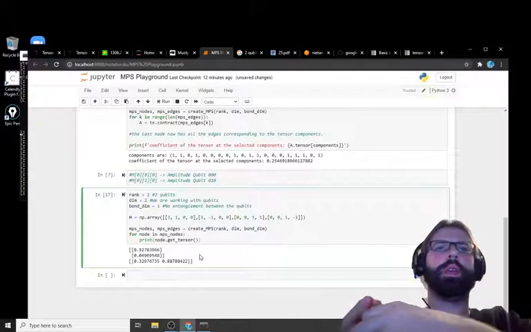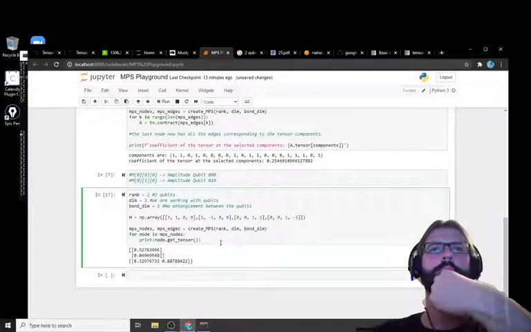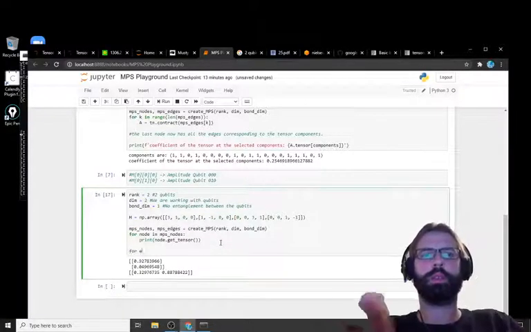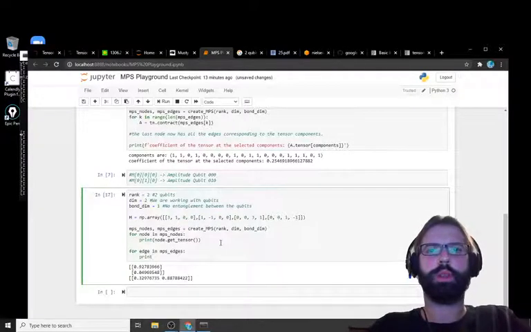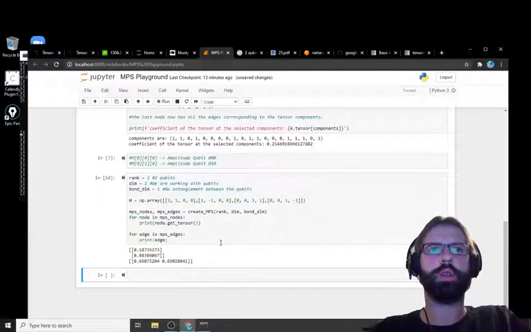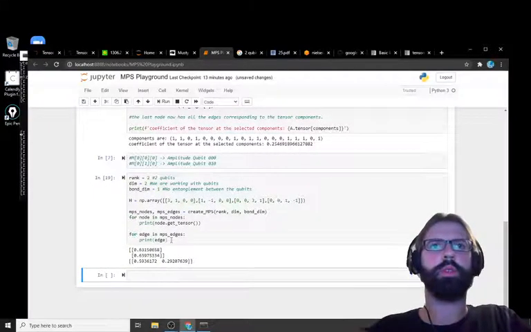Because when I take a look at for edges, for edge in MPS edges, print edge. What does the edge look like actually?